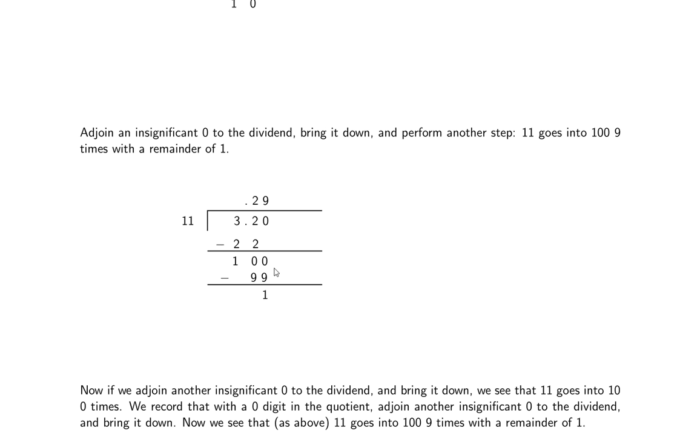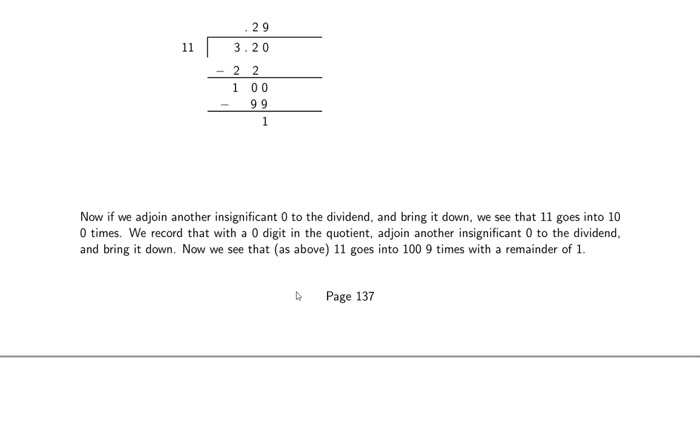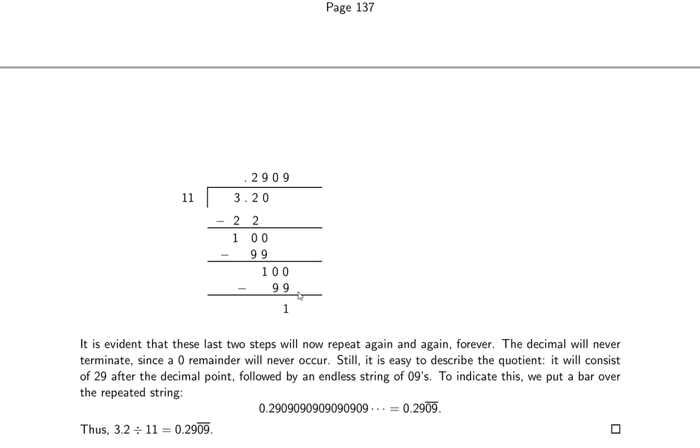11 into 100 goes 9 times. 9 times 11 is 99. Subtract, it's 1. So you can add more zeros and bring them down.